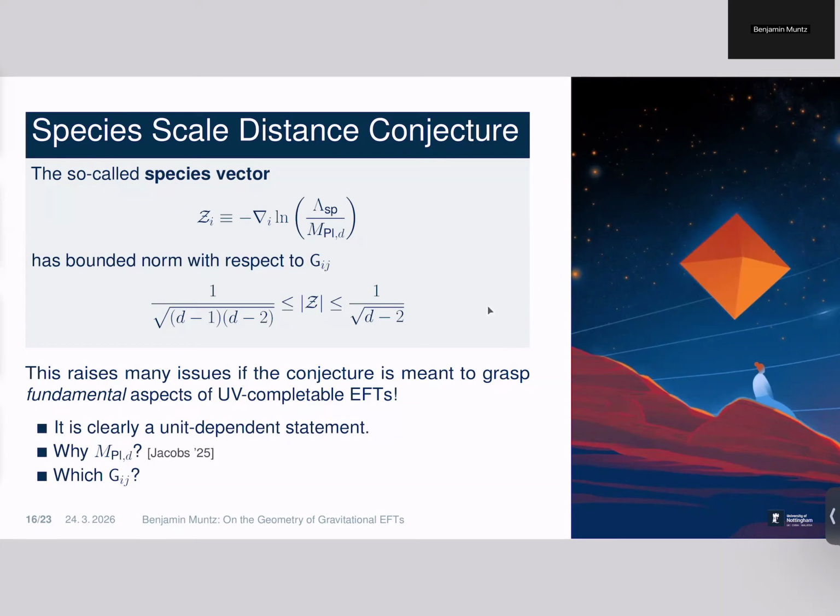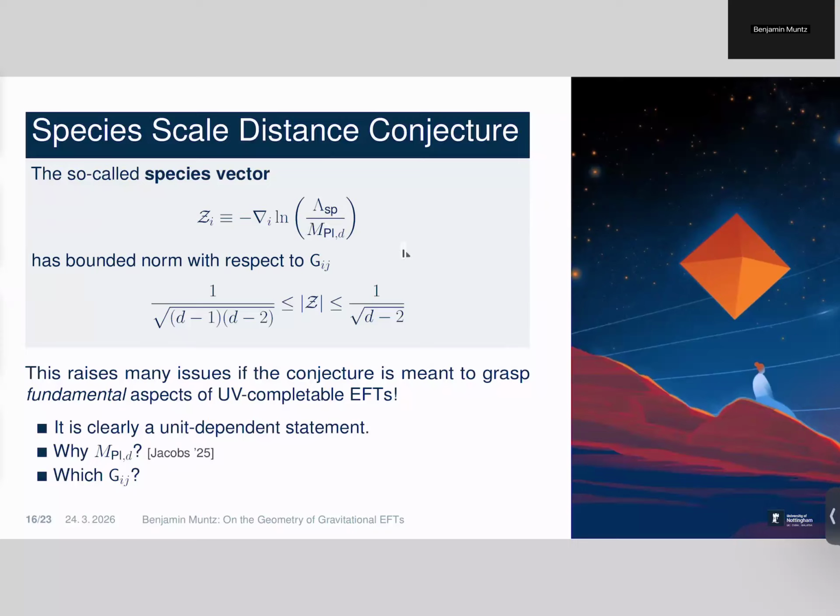However, and this is not to attack the statement. In fact, I'm very sympathetic to it, but one can nitpick and go into details and see that maybe certain things might want to be specified. For instance, this is clearly a unit-dependent statement. In the definition of the species vector, we need to define this ratio lambda species in terms of the d-dimensional Planck mass.